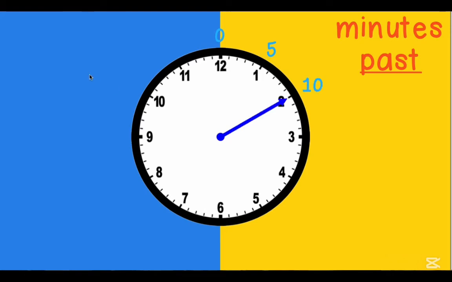So when we reach the 2, that represents 10 minutes past the hour. 15 minutes past, 20, 25, and 30 minutes past. We looked at in the previous video that this is actually half past because we moved halfway around the clock.